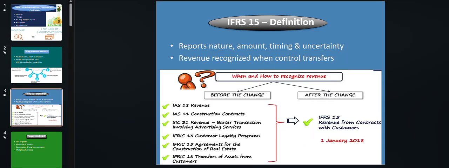So, what's the main rule here? Under the old rule system, revenue was often about when the risks and rewards transfer to the customer. But under IFRS 15, the focus is on the control of assets or services. The core principle is that you should only recognize revenue when the customer gets control of the goods or services.